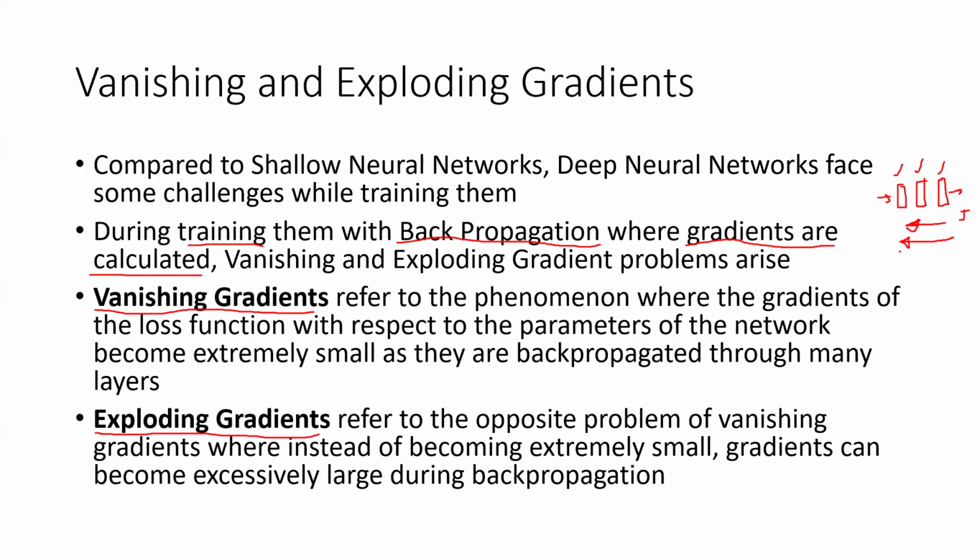That can be achieved when you add more and more layers. But in order to do that, you have to mitigate this problem of vanishing gradients, right? So we will see why this problem happens and how it can be mitigated or resolved.